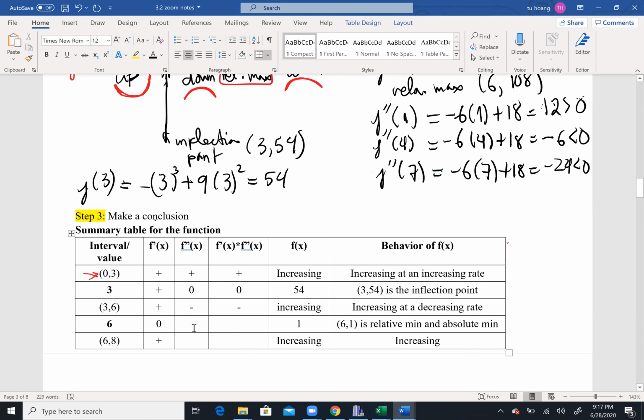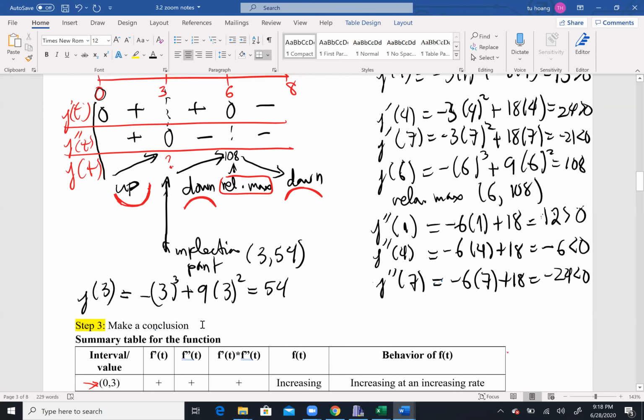Okay, at the value t equals 6. In here it is t, right? I'll change it to t. Okay, so f'(t) at t equals 6 is 0 again. What else? f''(t) is negative.